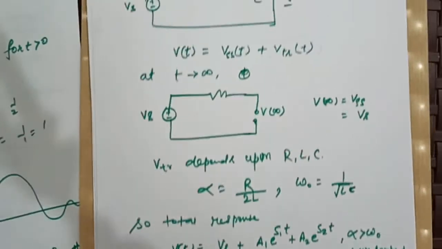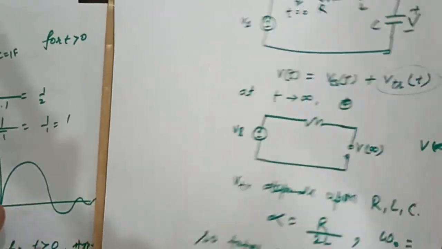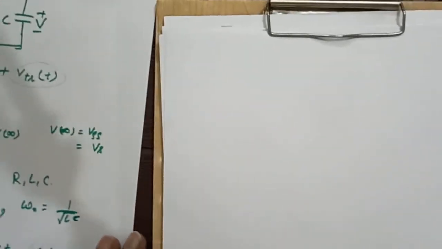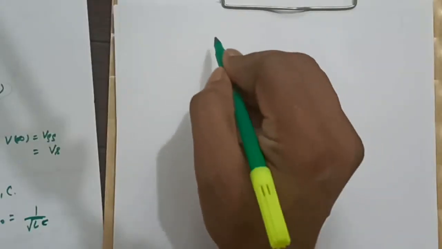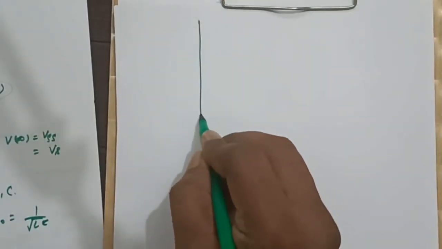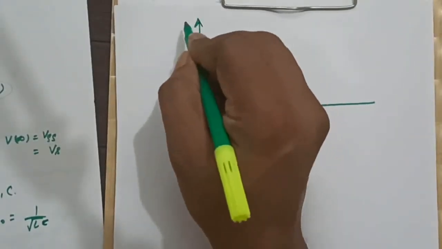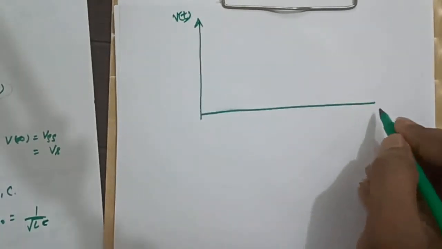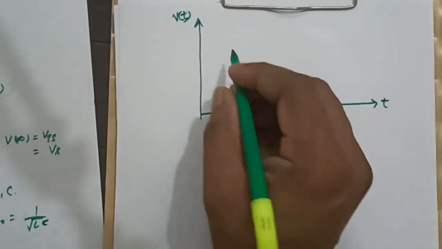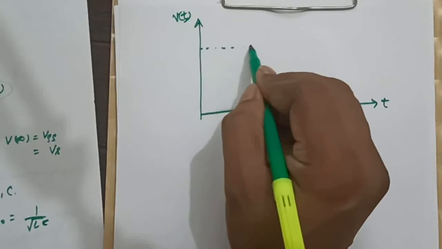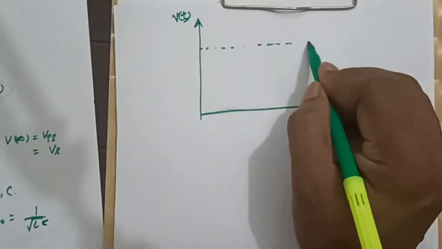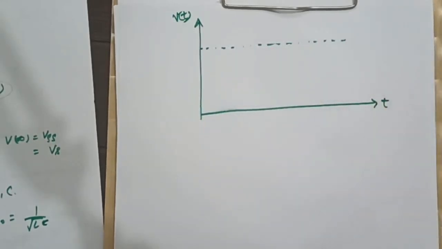Now, if we try to plot these cases, we will have a response like this. This is V(t). Now see, this is the final value or the steady state value.